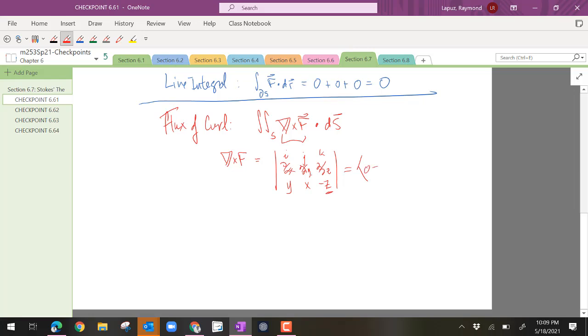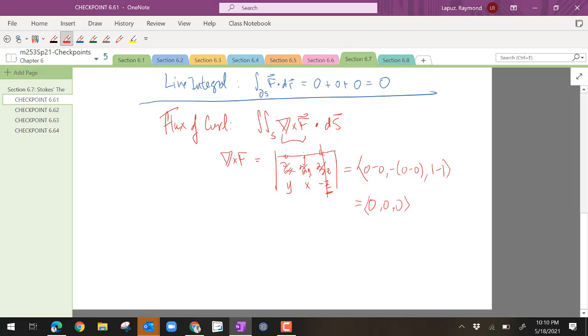Derivative of x with respect to z, that's also 0. The j term is going to be negative. The derivative of negative z with respect to x is 0. The derivative of y with respect to z is also 0. And then now in the k component, the derivative of x with respect to x is 1 minus the derivative of y with respect to y is 1. Okay, there we go. The curl is actually equal to 0.